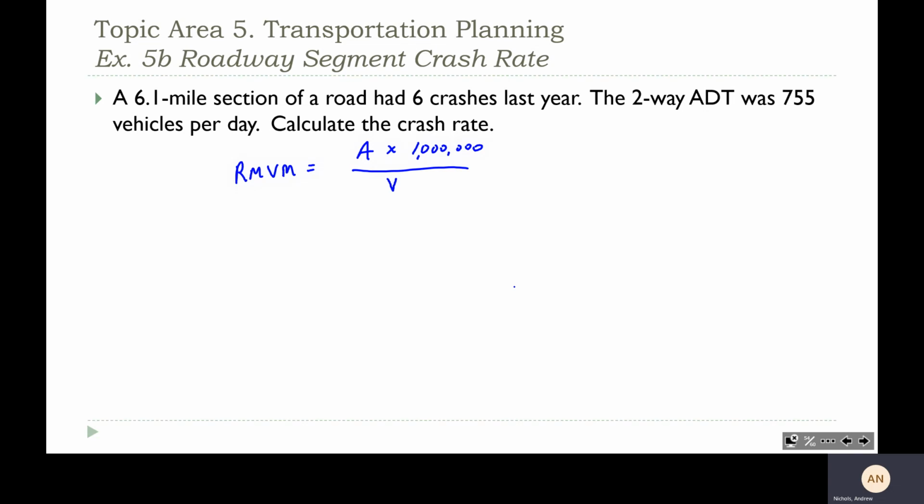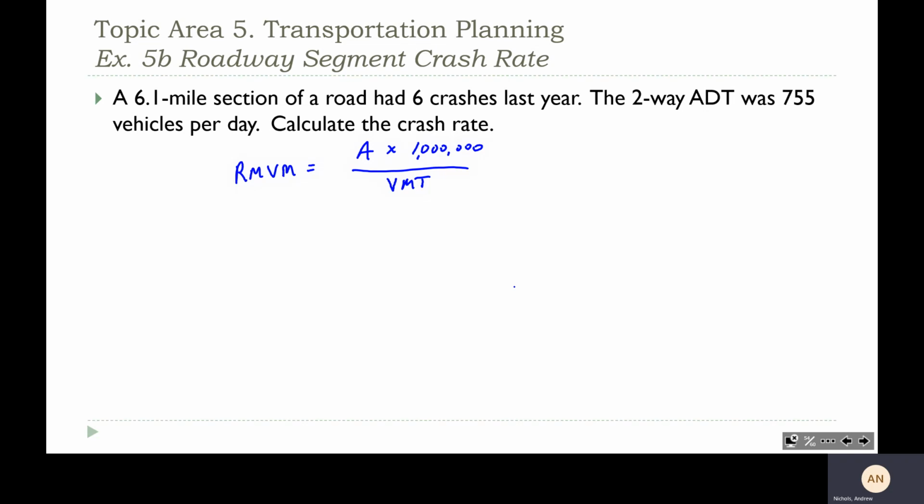Now on the bottom, instead of just a total volume, we want the VMT, which is the vehicle miles traveled, which takes into account the length of the roadway segment. At an intersection, we don't need to account for anything other than the traffic volume. But if we're looking at a 1 mile section versus a 100 mile section, somehow that difference in length needs to be accounted for, because as you look at a longer section of roadway, you would expect a higher number of crashes along that section.